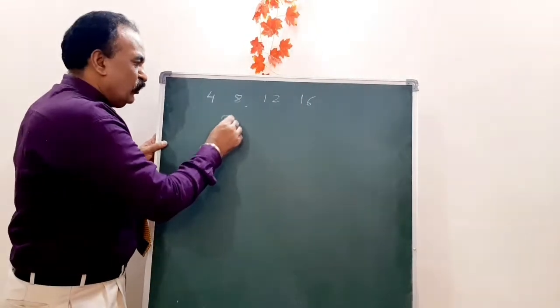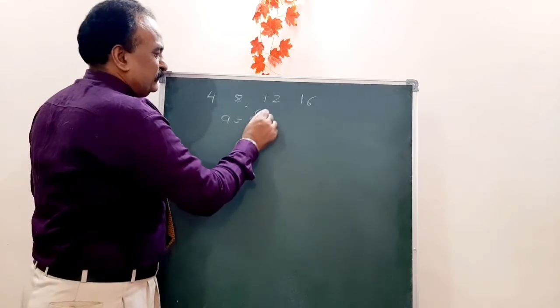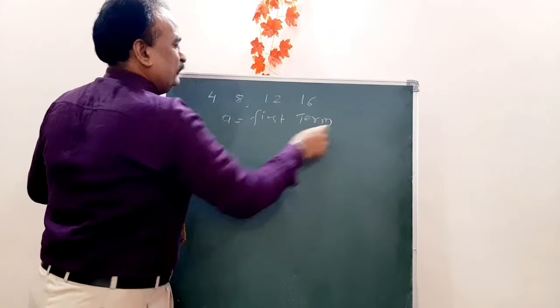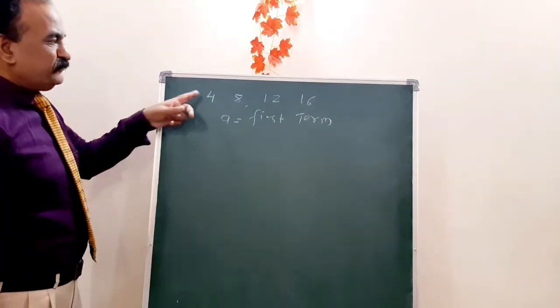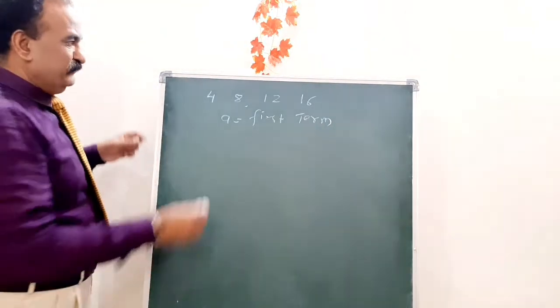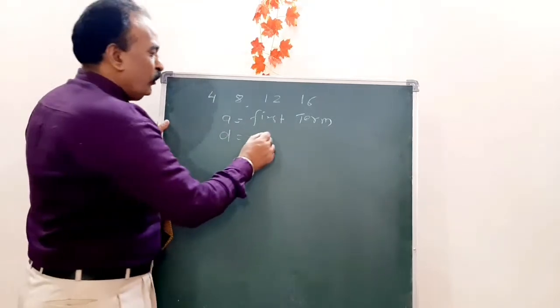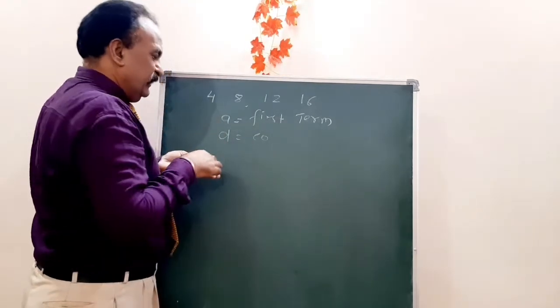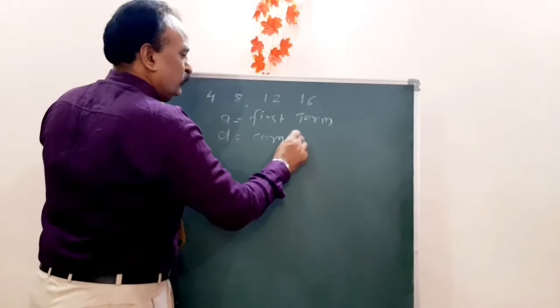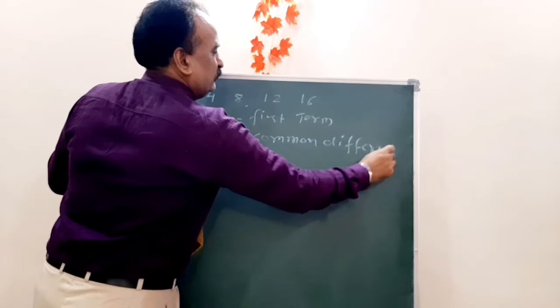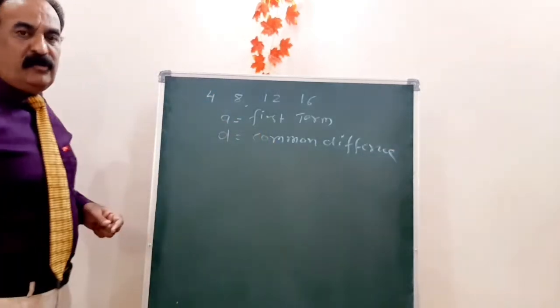This A is called the first term. D is called the common difference.